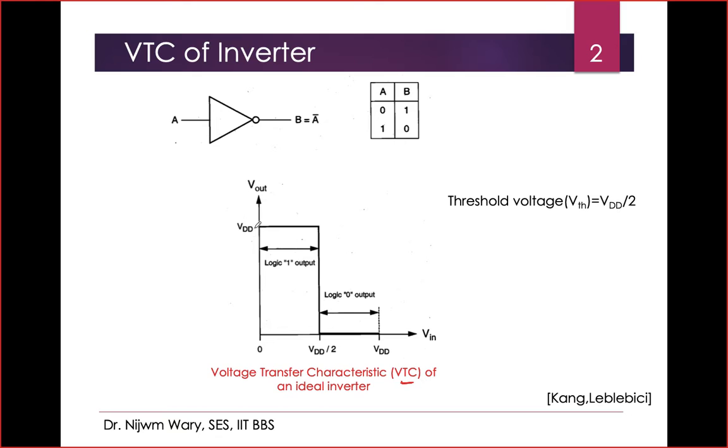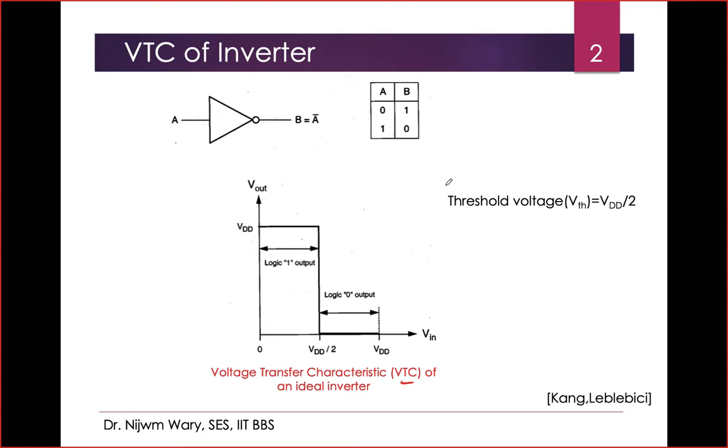So VDD is termed as logic 1 and ground as logic 0. And whenever my input is higher than VDD by 2, this is logic 0. So this is the basic definition of an ideal inverter.